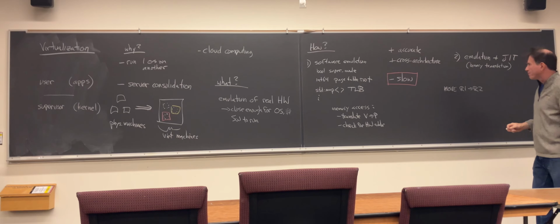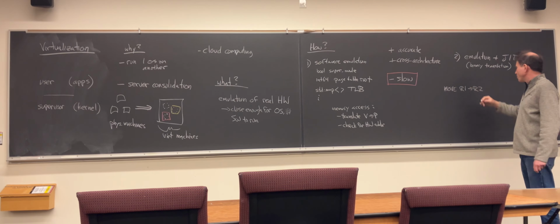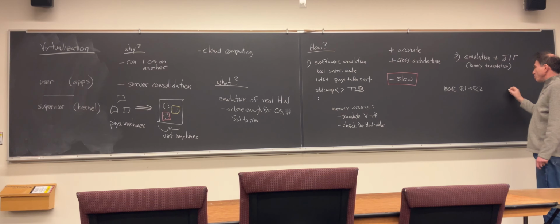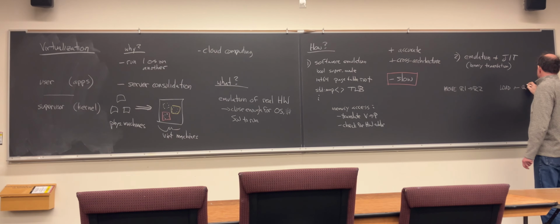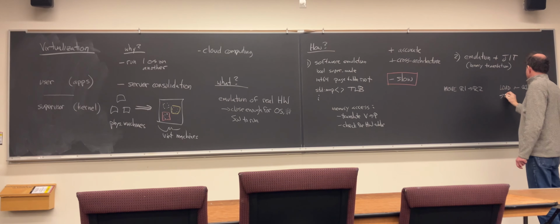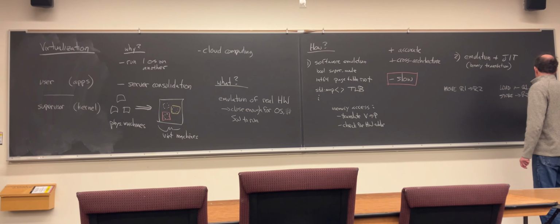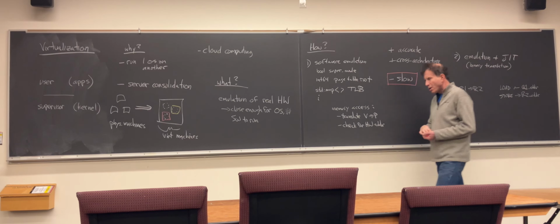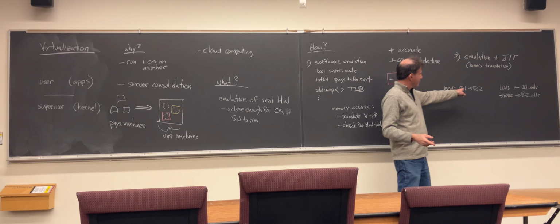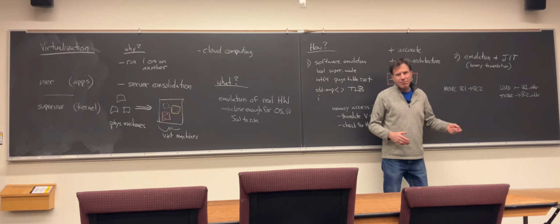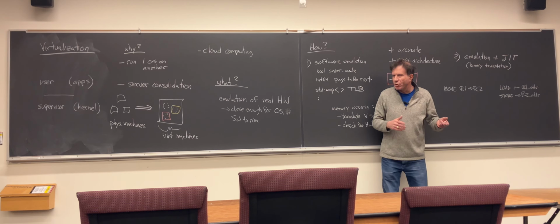If I have a single instruction here, move R1 to R2, this is going to have to... If you remember Lab 1, if you had an instruction that copied a value from one register to another, you would have R sub 2 equals R sub 1.